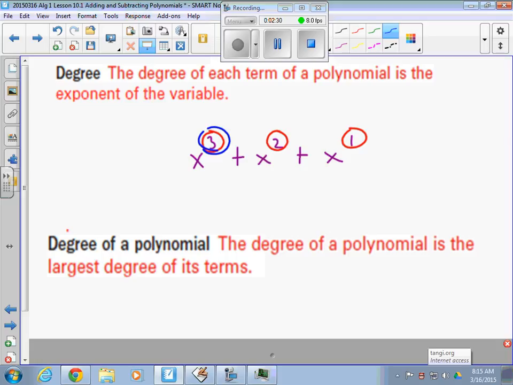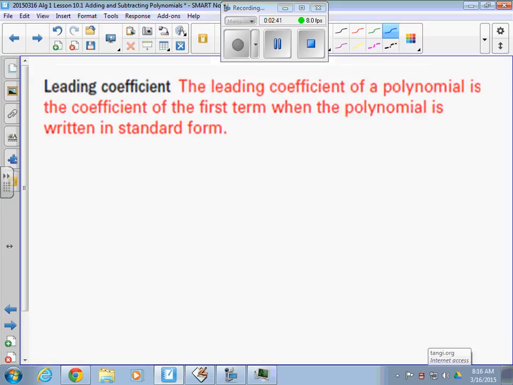So that's the one you're looking for. If it's written in standard form, it'll always be first, because remember, they're counting down. So it'll always be the one that's first, because you want to make it descend. 3, then 2, then 1. The leading coefficient is the same idea. When they're in standard form, when they're counting down, it's the coefficient that's in front of the first term.